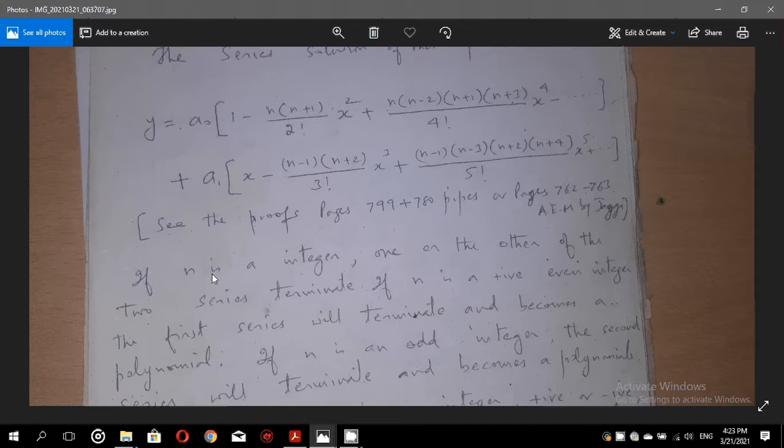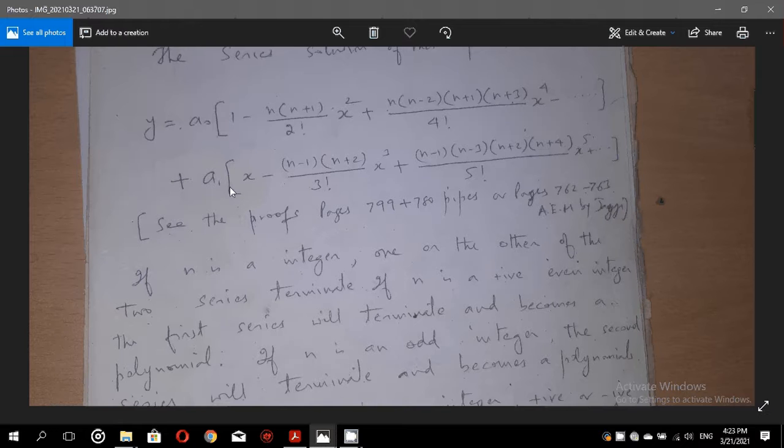So we see that one of the parts is finite, which we have named as Legendre polynomial, and this other part, which is infinite, we call the Legendre function.